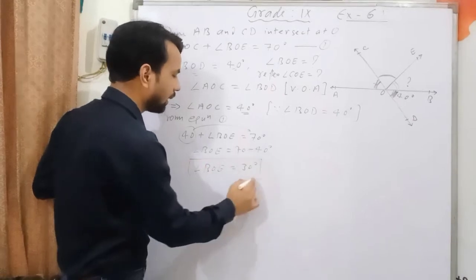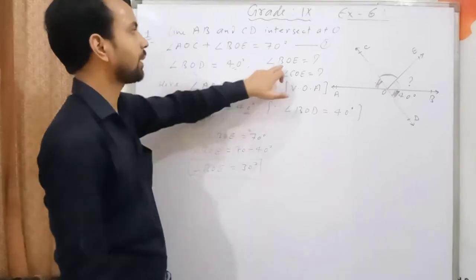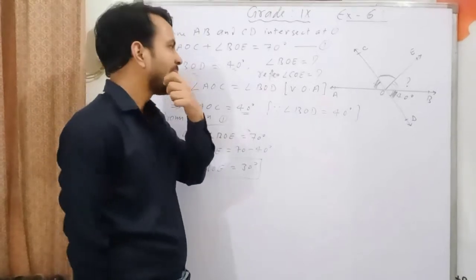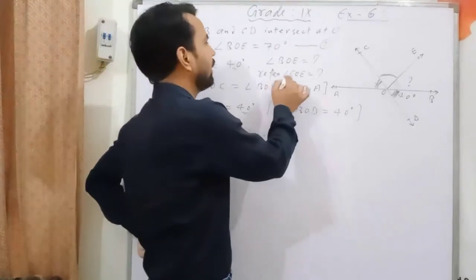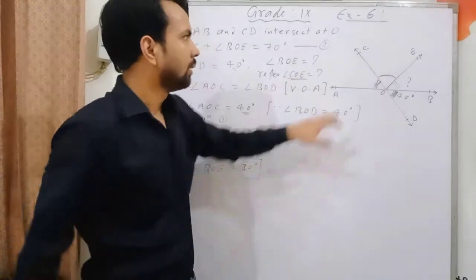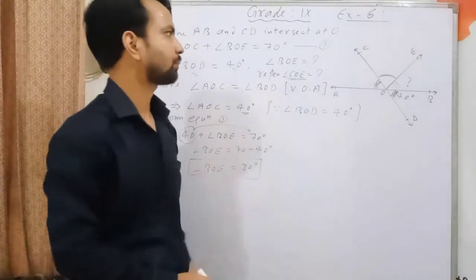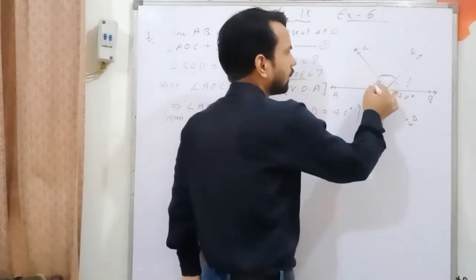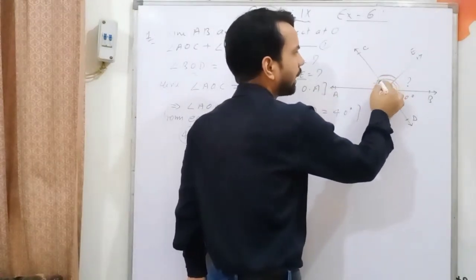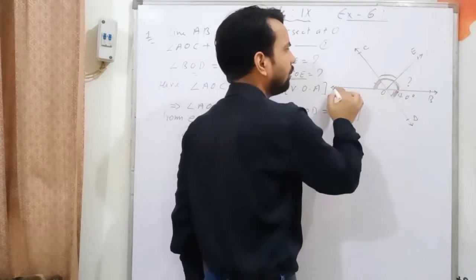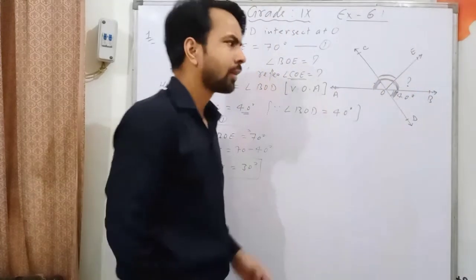So the first angle we have found: angle BOE is 30 degrees. Now the question is saying find reflex angle COE. This we will have to find. Now see, beta, this angle plus this angle plus this angle, if we add all these three angles, then we form a straight angle.